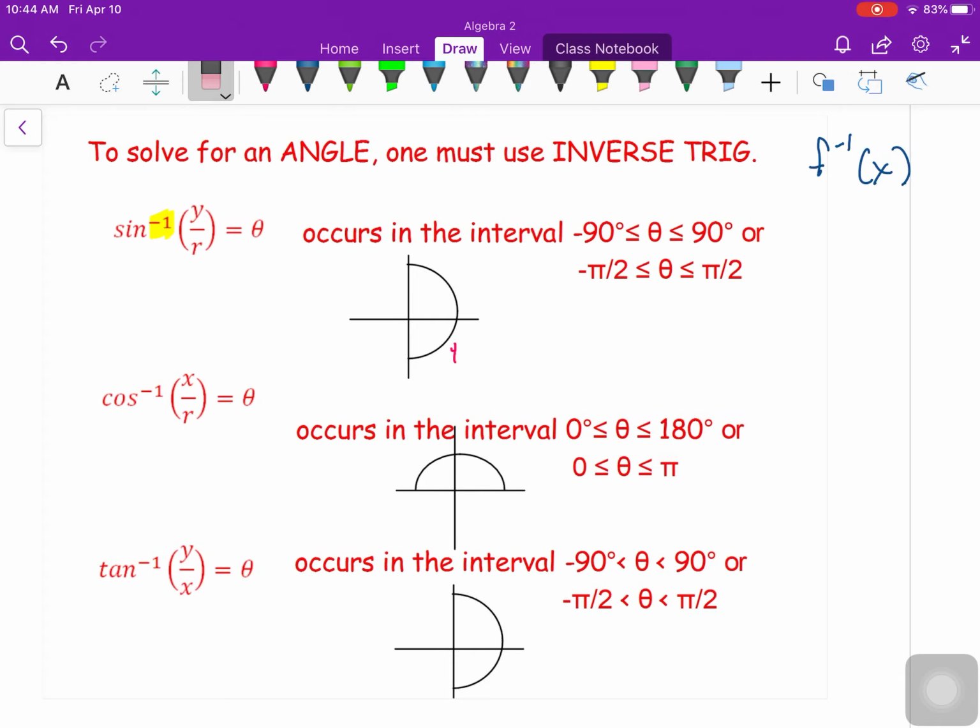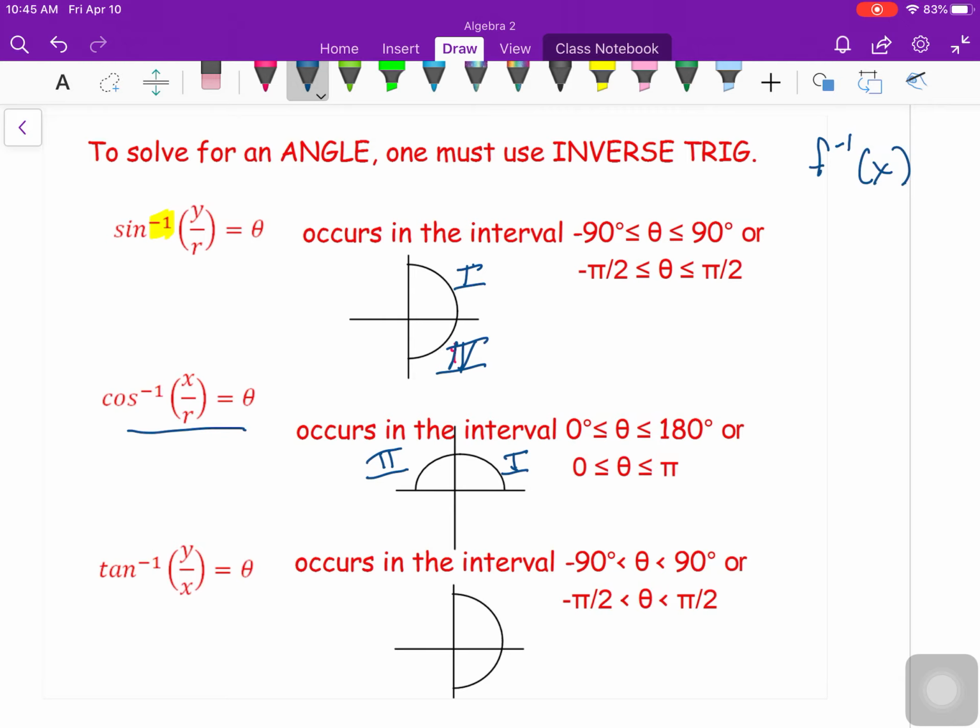So our domain for sine inverse is going to be limited between -90 degrees and +90 degrees. That means the inverse sine can be used in quadrant 1 and in quadrant 4. Cosine inverse can be used between 0 and 180 degrees, quadrant 1 and quadrant 2.